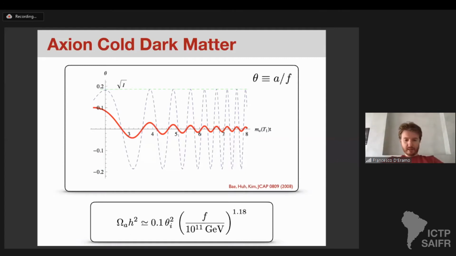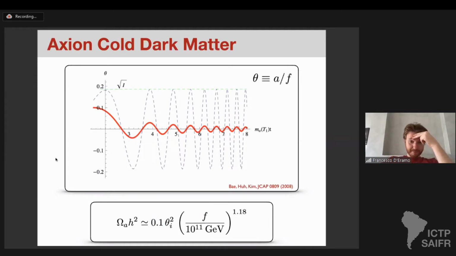So this is just an estimate, but you see that the resulting relic density of cold axions, so the energy density stored in these axion oscillations, is proportional to the initial value of the axion field in these units squared times this funny power of the Peccei-Quinn constant F, the symmetry breaking scale F. Okay, so you see that for initial conditions of order 1 and F around 10 to the 11, more or less, you are in the ballpark that you need to reproduce the axion relic density.